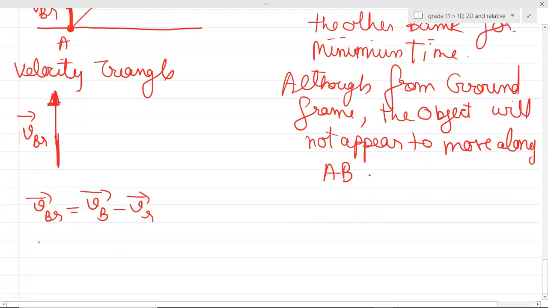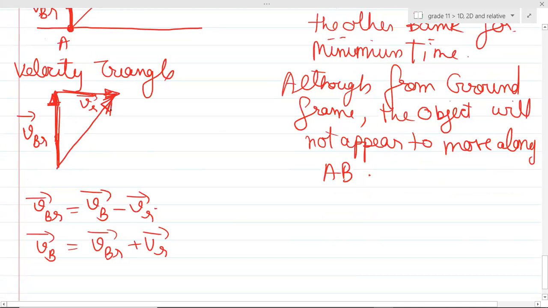So velocity of boat with respect to ground will be VBR plus VR. Yes or no? VBR was in this direction. VR is in this direction. Can you see VR is in this direction? The velocity of river is towards left. So hence this will be the velocity of boy with respect to ground.